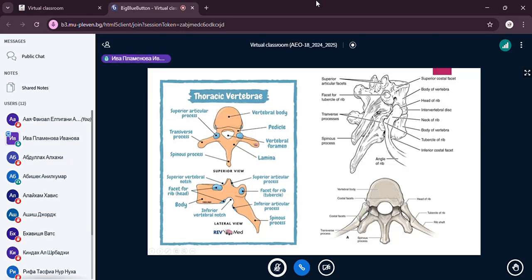The head of the rib articulates with the body, the tubercle articulates with the transverse process. Again, the vertebral body, spinous process, transverse process. Here we have superior and inferior, which we can't see on this picture, for the head of the rib. And here we have fovea costalis, the transverse process for the rib tubercle.